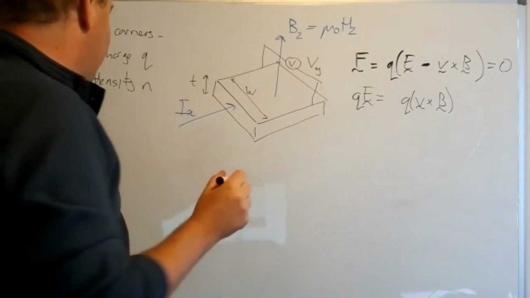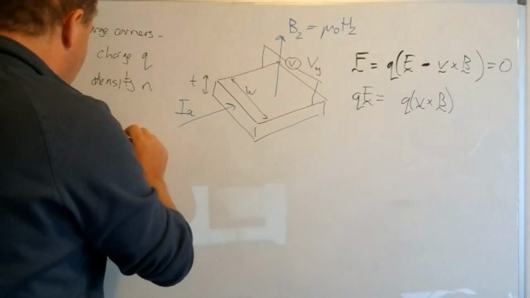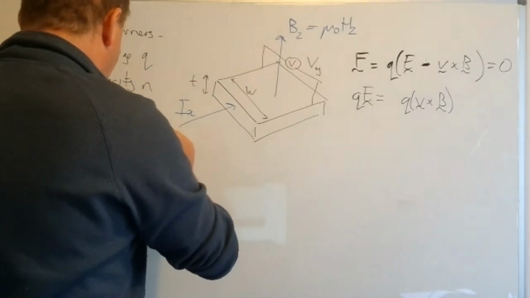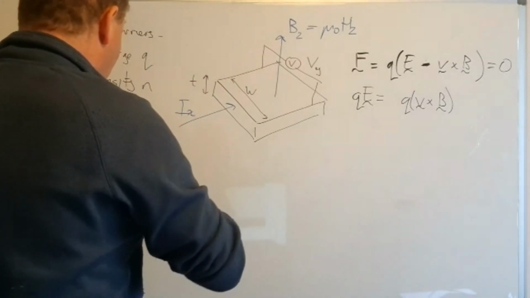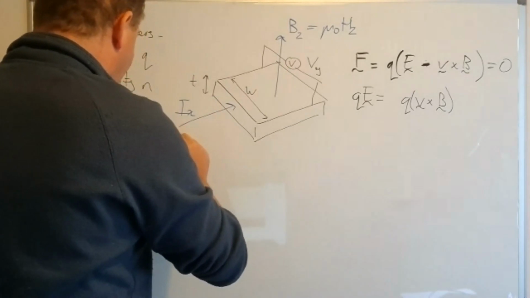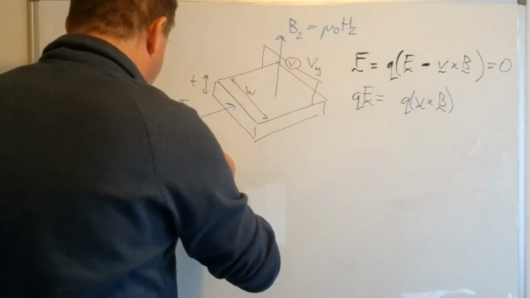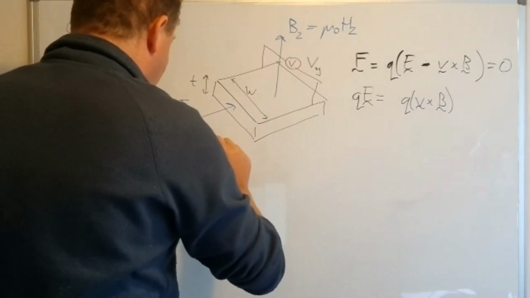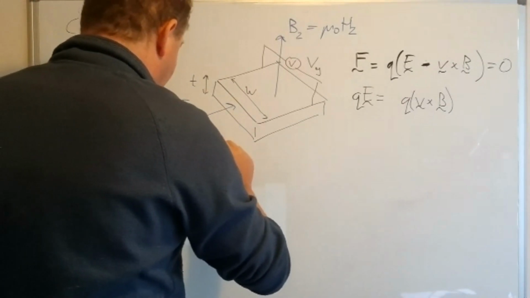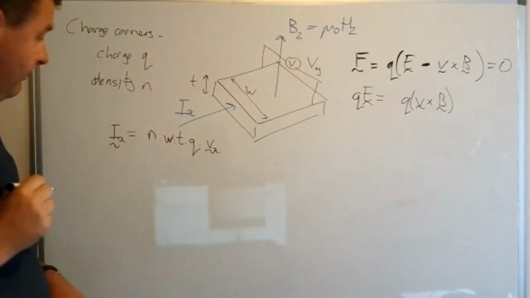And so we can simply write that the current is going to be the density of charge carriers per unit volume, n, times the width times the thickness, times the charge times the velocity. That's a vector as well.